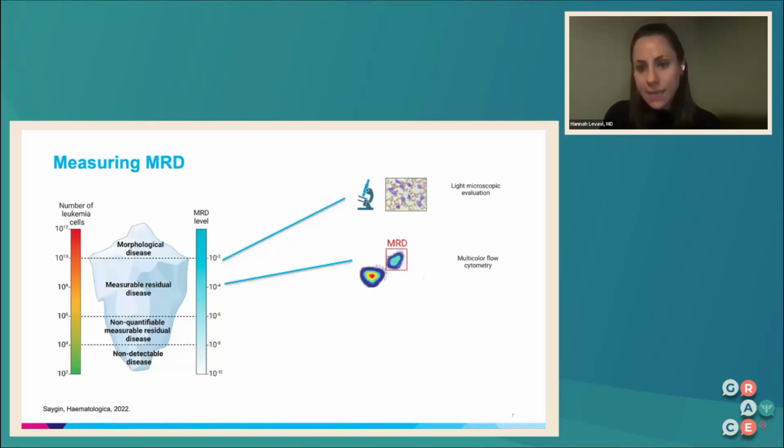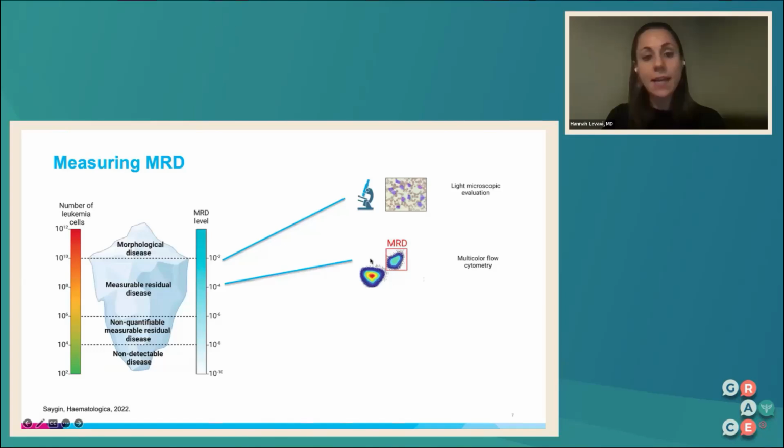Now we can even go deeper than just a light microscopy evaluation, which has a fairly low sensitivity for disease. And we use a method called flow cytometry, where we can detect even smaller populations of leukemia cells that we wouldn't be able to detect under the microscope using our eyes, even at the maximum magnification. And we call that flow cytometry or flow MRD.